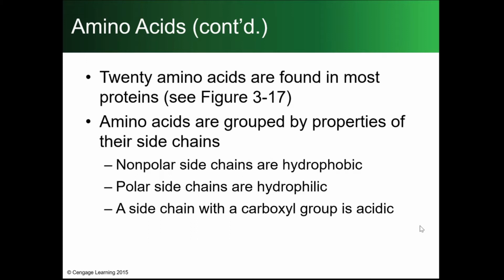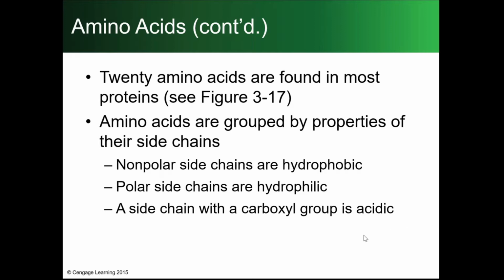An acidic amino acid has a side chain that contains a carboxyl group. At cell pH, the carboxyl group, as we mentioned before, is dissociated, giving the R group a negative charge.